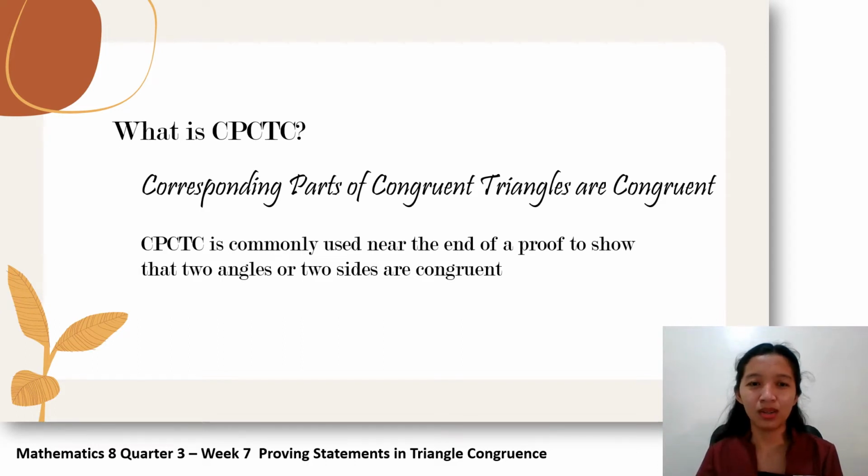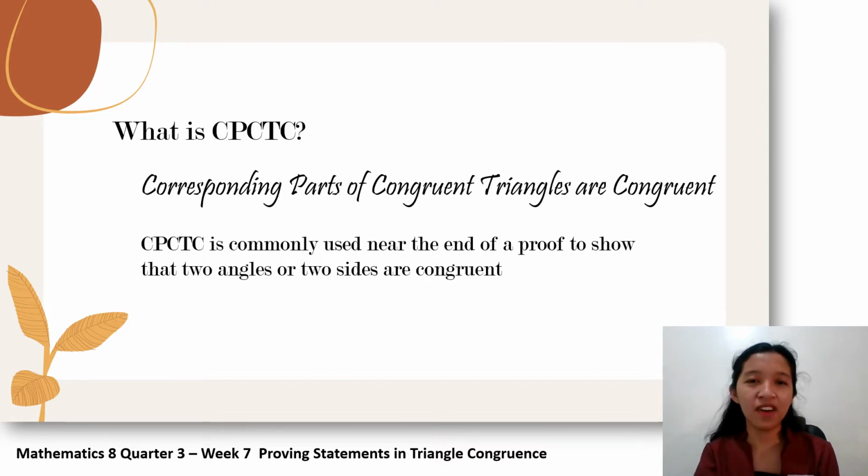So, we have here a question. What is CPCTC? When we say CPCTC, it stands for corresponding parts of congruent triangles are congruent. And it is commonly used near the end of a proof to show that two angles or two sides are congruent.